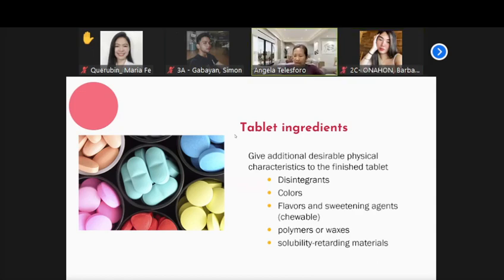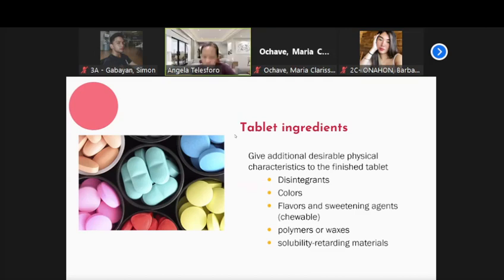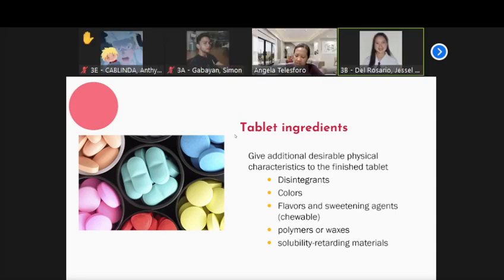Okay, sige. Del Rosario, why is there a need? What is the importance, therefore, of enhancing the disintegration process once the tablet is taken inside the stomach? Ma'am, if the disintegration is good, it will easily reach its site of action once it is absorbed in the GI tract.